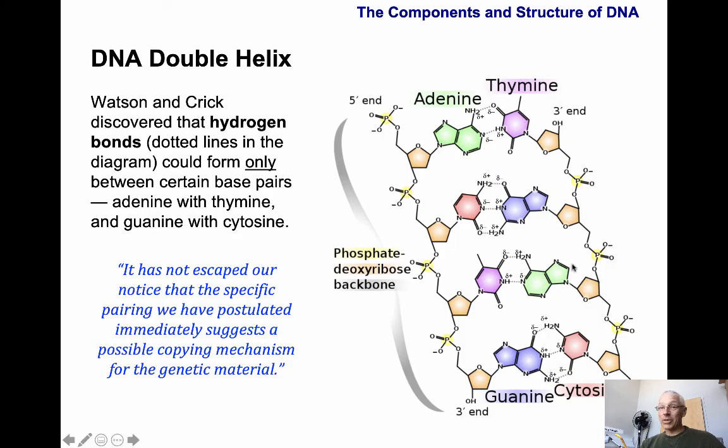And here's exactly what's going on with that. So if we take a nucleotide, in this case adenine, and we take another nucleotide, thymine, and we orient them in opposite directions.